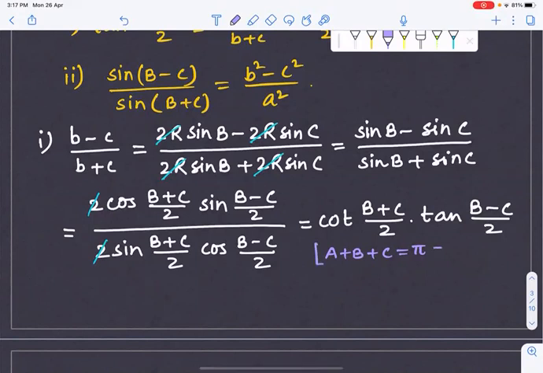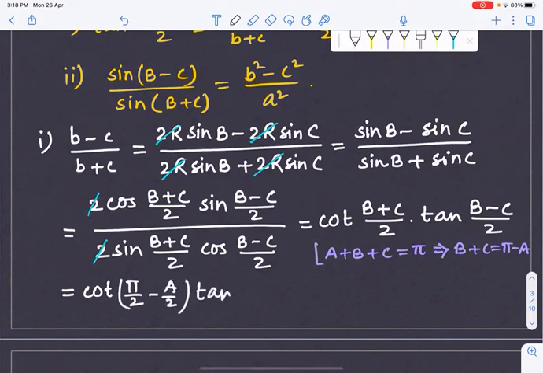Because of this, b plus c is nothing but pi minus a. So b plus c by 2 will be pi by 2 minus a by 2. So that is equal to cot of pi by 2 minus a by 2 into tan of b minus c by 2.